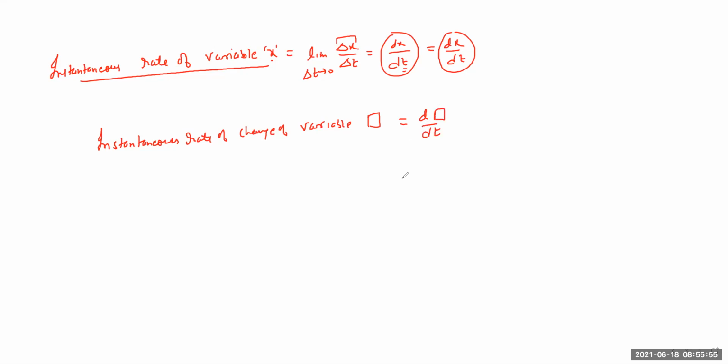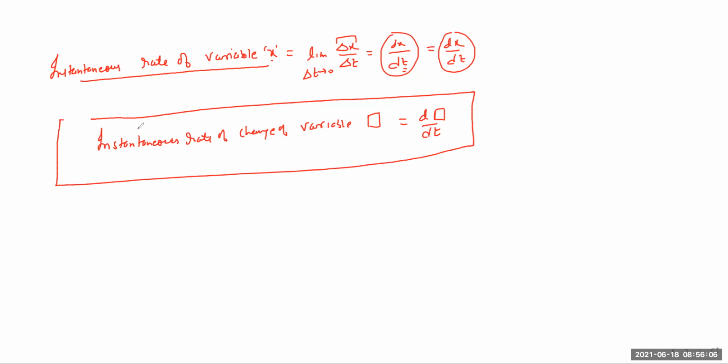So you can say instantaneous rate of change of anything is d of that thing upon dt. That's it. That is the meaning of instantaneous. And this is what you have to remember.